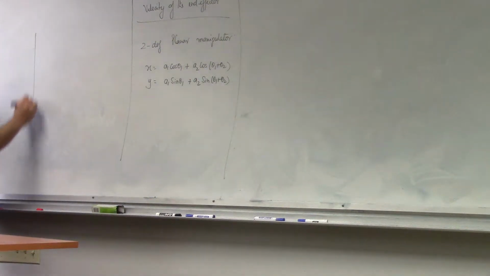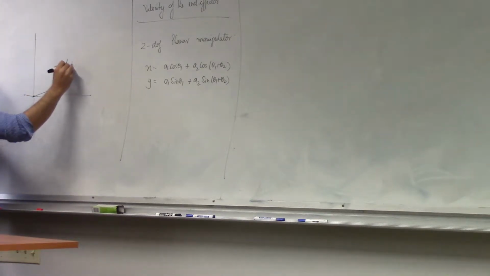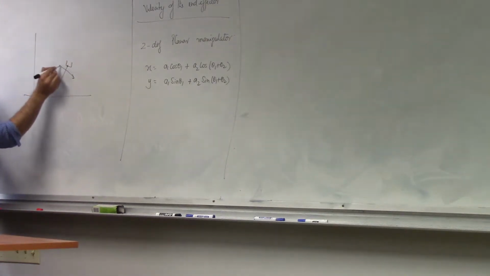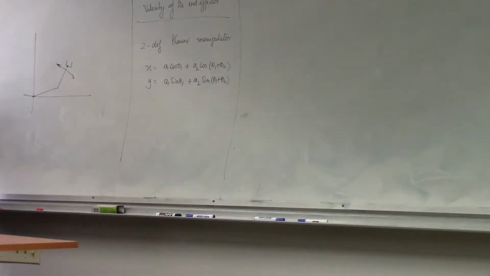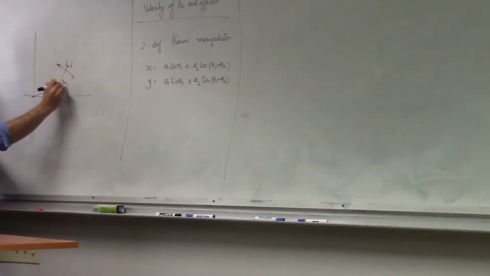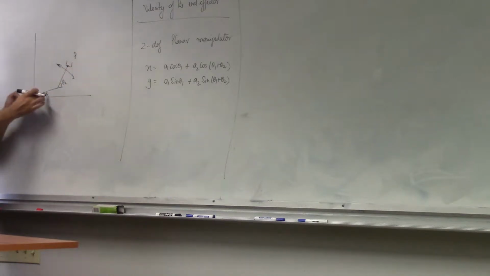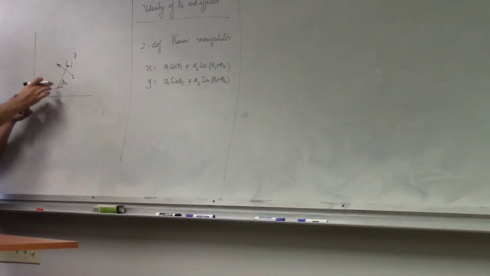So we have this manipulator here, and it could be moving in this direction or in this direction. How do you create motion? We create motion by having θ1 and θ2 move. So if I want a certain velocity for the end effector, I have to have a certain velocity of θ1, θ2.